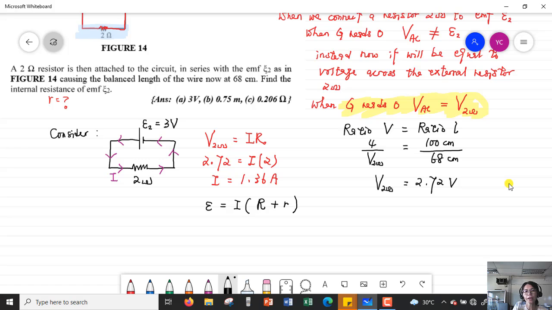The EMF of the battery is 3 volt, the current that flows out from the battery is 1.36, and the external resistance is 2. So we can determine the internal resistance R. You might pause the video to do the calculation. So the R will be 0.206 ohm.